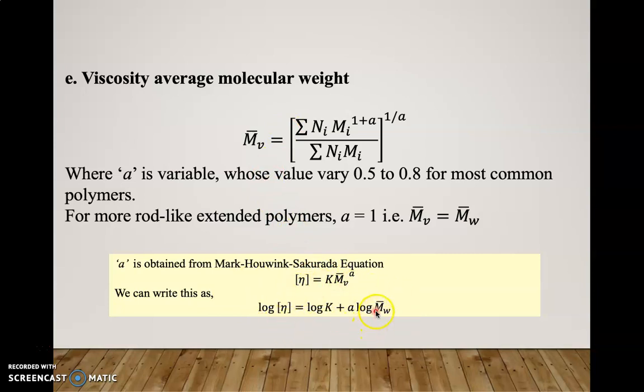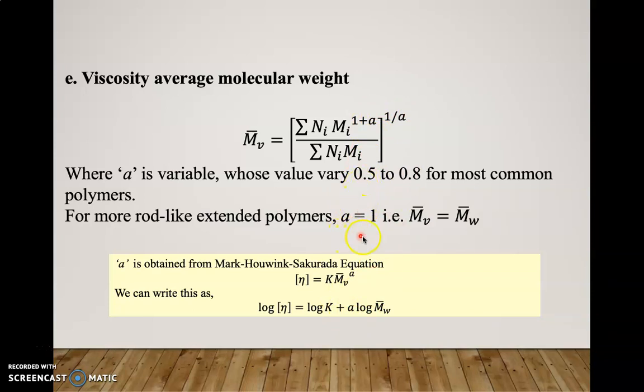When we plot a graph between y, that is the log of eta, the viscosity here, versus the log of Mw, which is the x-axis, the slope of the graph will give the value of a.